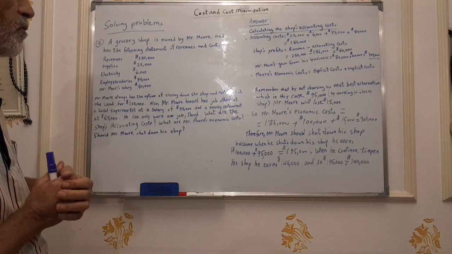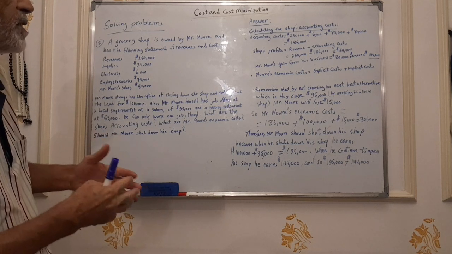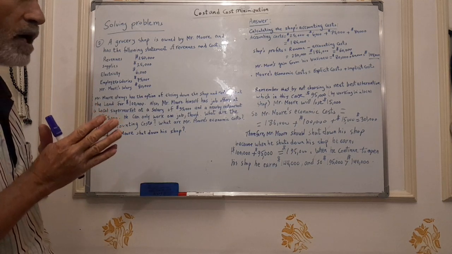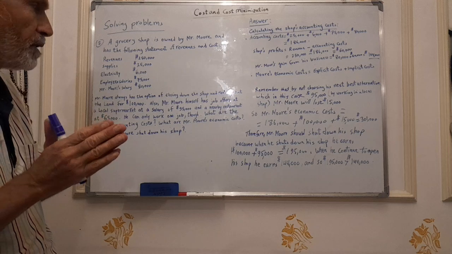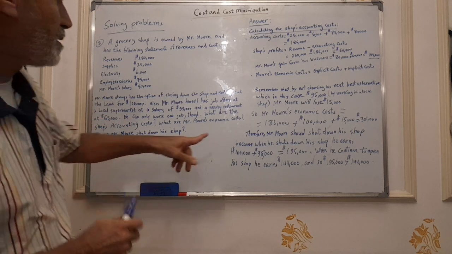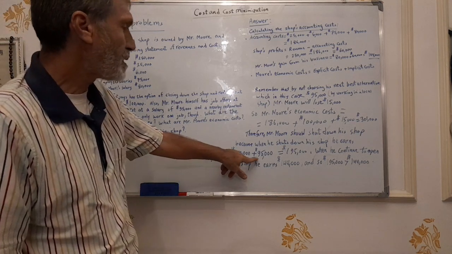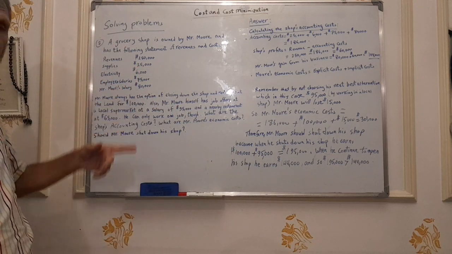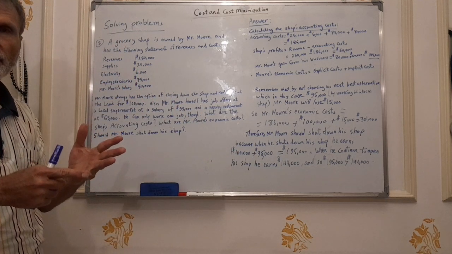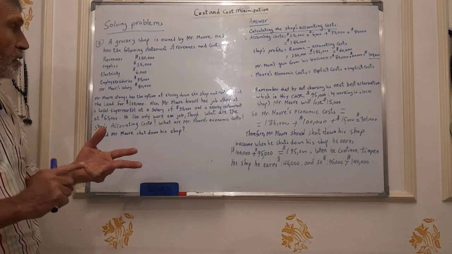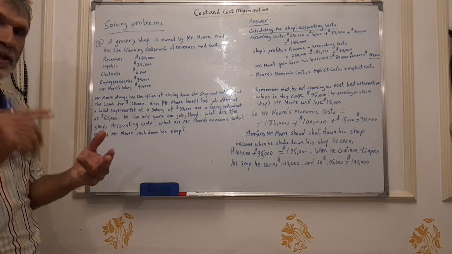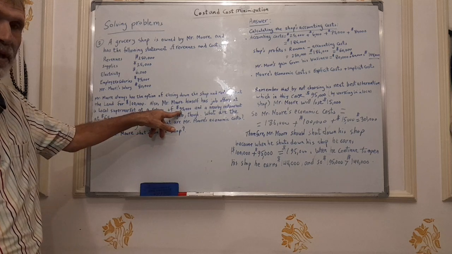Now, when Mr. Moore shuts down his shop, what does he earn? $100,000 plus $95,000. Because when he shuts down his shop, he can rent the land for $100,000, and he can work in the next best alternative, which is making $95,000.